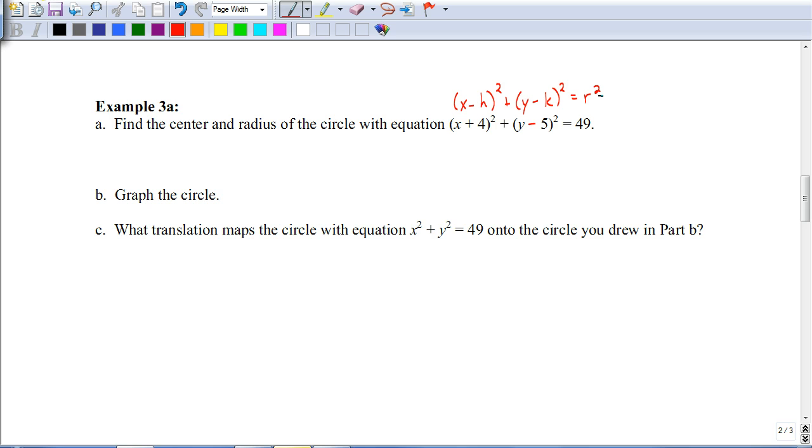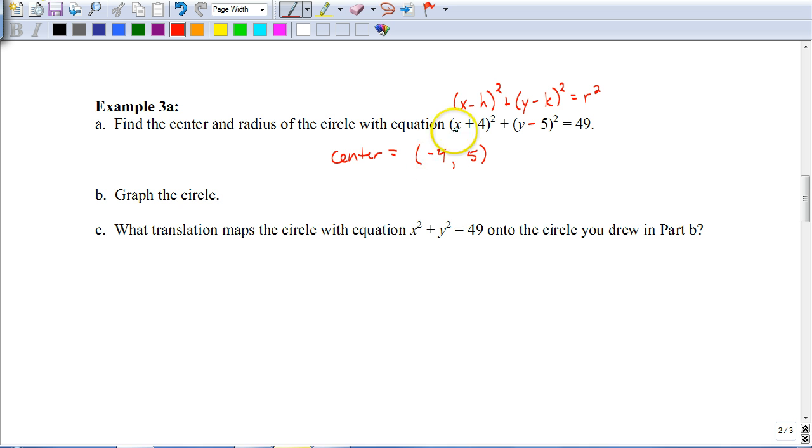So for this one, since the formula is x minus h and I have a plus here, that tells me that the x value of our center is at -4. So in other words, you just always take the opposite of whatever we have here in parentheses with the x and the opposite of what's happening with the y. So for the next one we have a -5, so the opposite of that would be a +5.